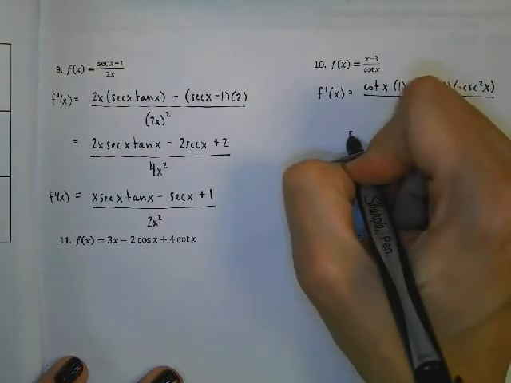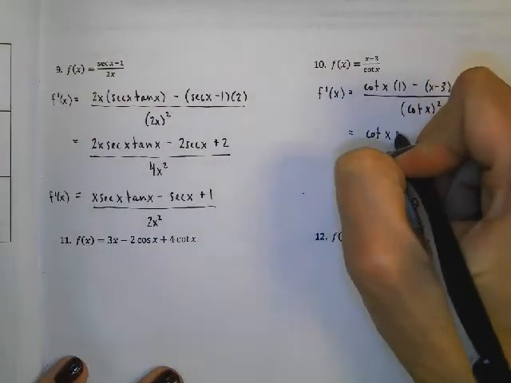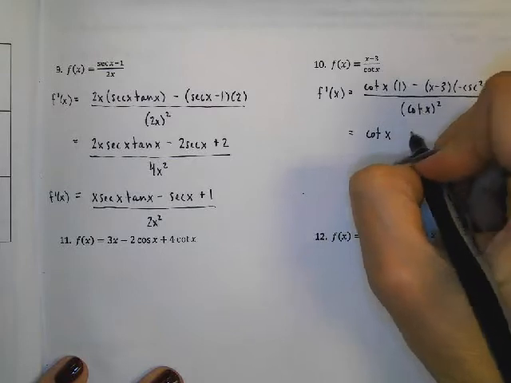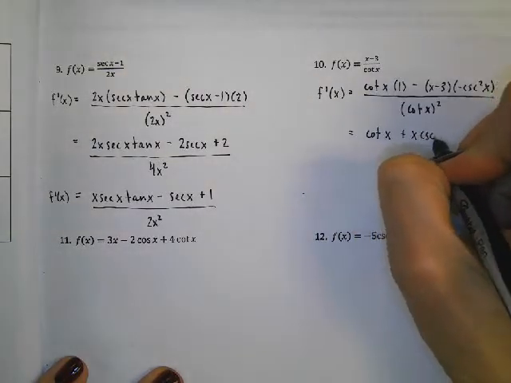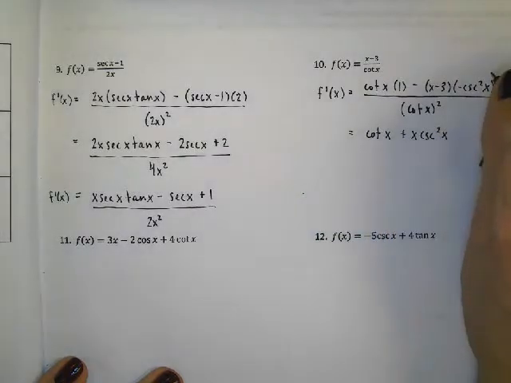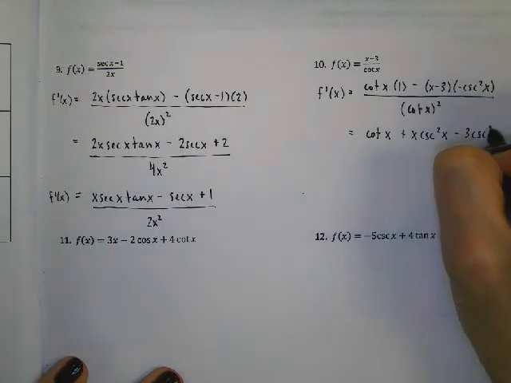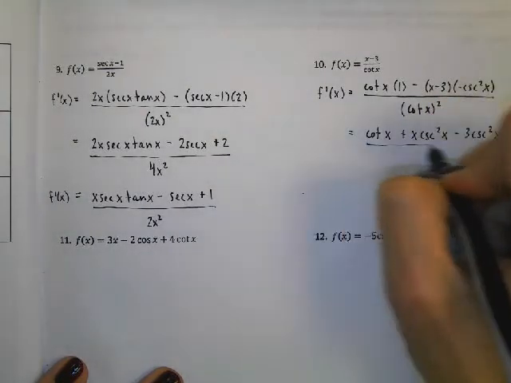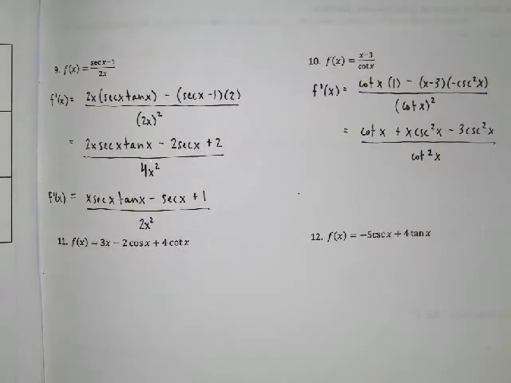The only thing we can really do is get rid of those parentheses by distributing. So we'll have cotangent of x plus x cosecant squared of x minus 3 times cosecant squared of x, all over cotangent squared of x.